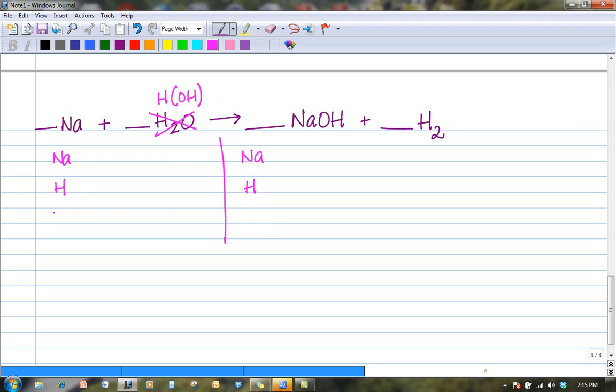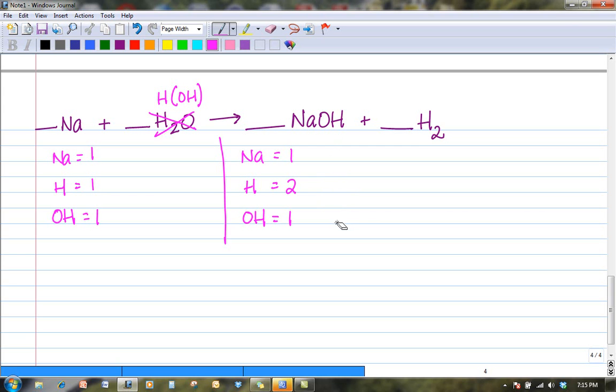It's going to take away that O, and instead we're going to put the polyatomic ion OH there. So let's take a look at how many we have. We have 1 sodium, 1 hydrogen, 1 hydroxide, and on this side we have 1 sodium, 2 hydrogens, and we have 1 hydroxide. So this right here is the 1 hydroxide that I'm talking about.